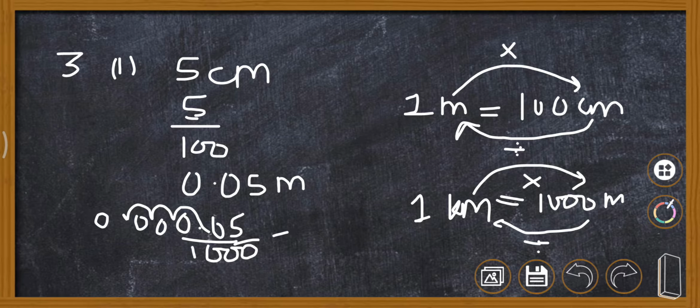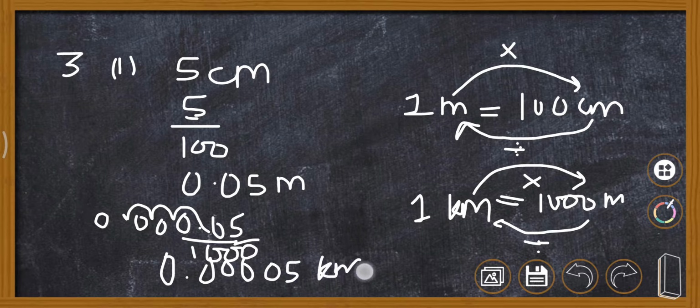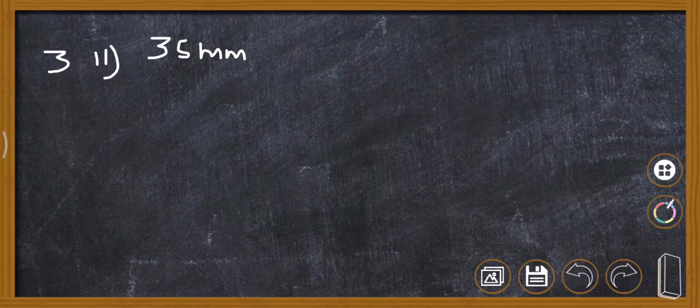So the answer is 0.00005 kilometer. So in this way you can convert the centimeter into meter also and into kilometer also.